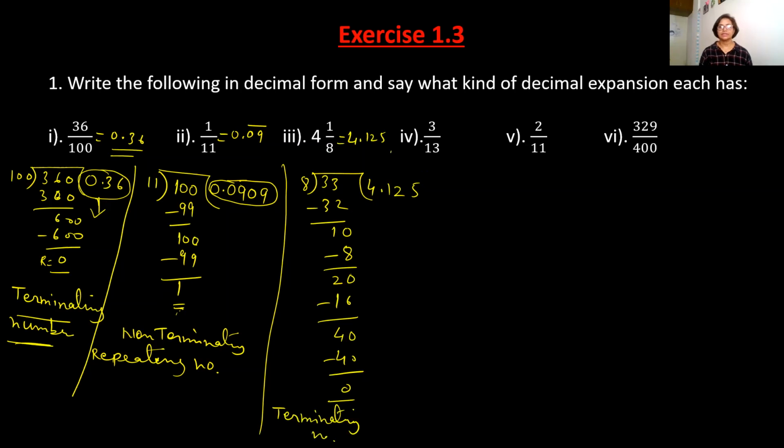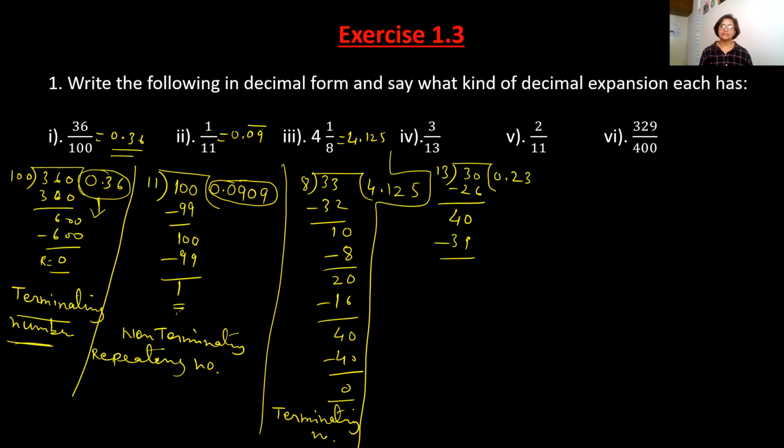Okay. Now we will go for the fourth one. The fourth one is 3 upon 13. 13 is dividing 3 here. So again, you have to start from the decimal. 13 2s are 26. I will write the quotient till here. Again, you are adding 0. 13 3s are 39. Then the remainder 1 will come, then you are adding a zero, still you can't divide, so you will add one more zero here.